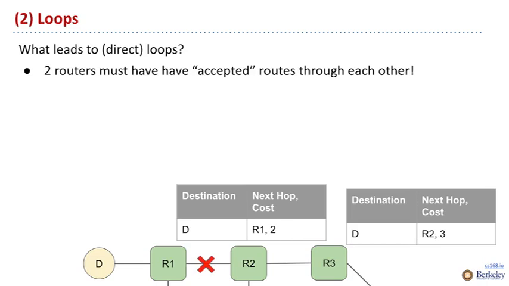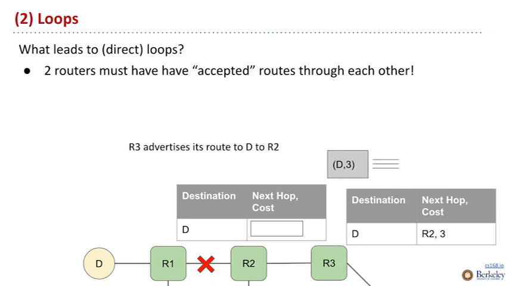But we run into an issue where if a link goes down, well, eventually, R2 is no longer getting updates from R1. And so its entry is going to time out. But R3 is going to advertise saying it has a path to destination.